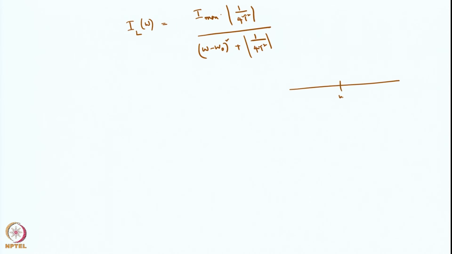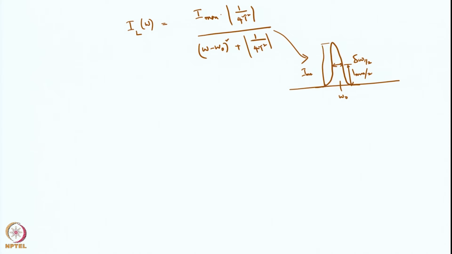This will be my omega naught, and this width is called delta omega half. It is called half because the total height is I max and this height is I max by 2.